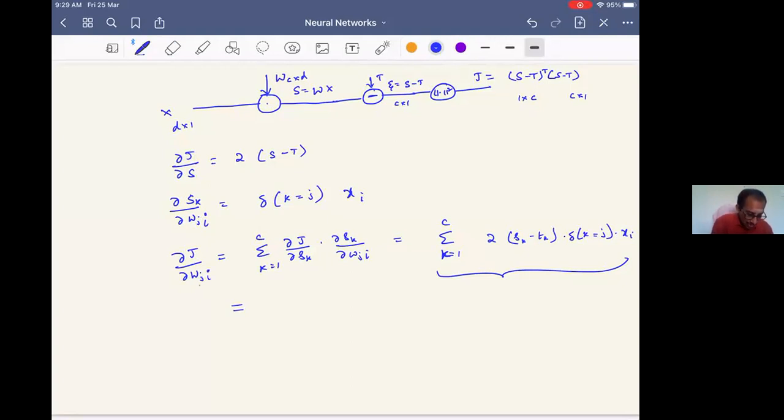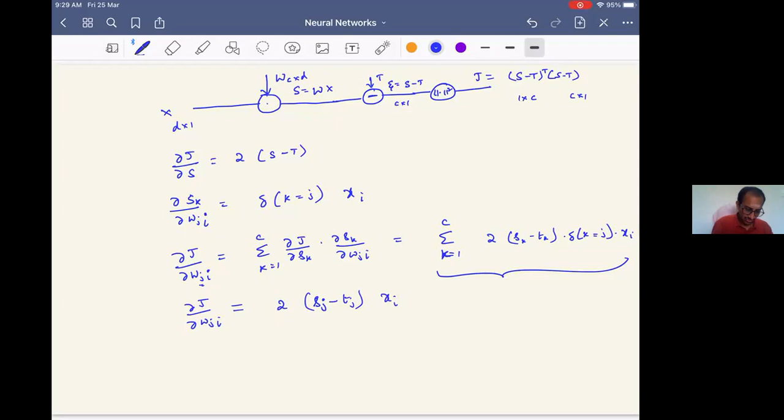So it is non-zero only when K equal to Z. So what do you think is the answer here? Dou Z by dou Wji hence is equal to 2 times Sj minus Tj, because only K equal to J is non-zero, remaining all are zeros, into Xi. Okay, this is the answer, that's all.